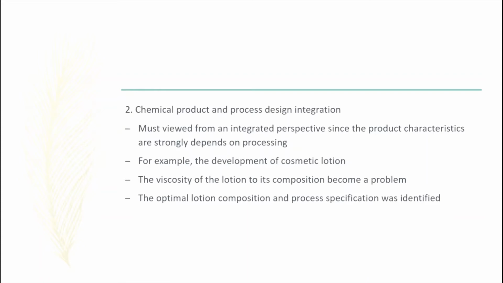The viscosity of the lotion relative to its composition becomes a problem in optimizing the product quality as assessed by customers. So, the optimal lotion composition and process specification were identified with product and process design decisions. The integrated chemical product and process design was shown to be superior to when they are handled separately.